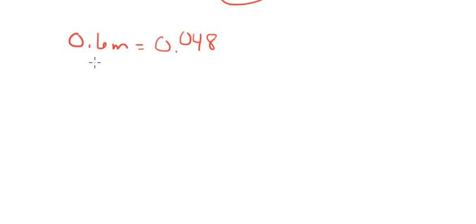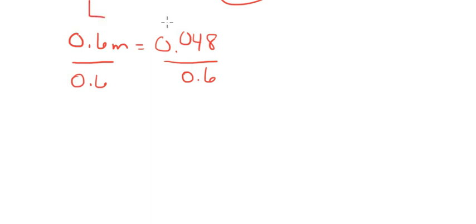It's not 6. Look real close. It's not 6. 0.6. And Wyatt, do I have to divide both sides or just the one side by 0.6? Okay. So, Peter, when I divide both sides by 0.6, what happens?